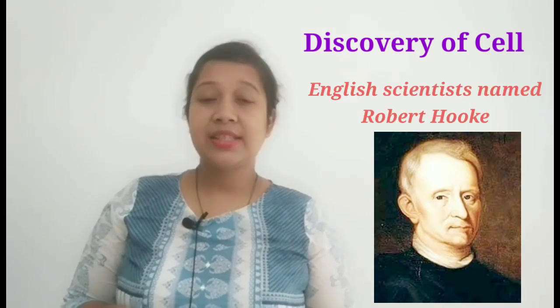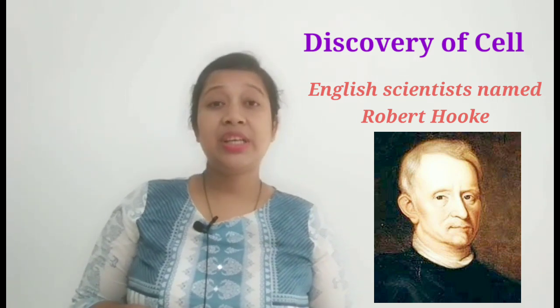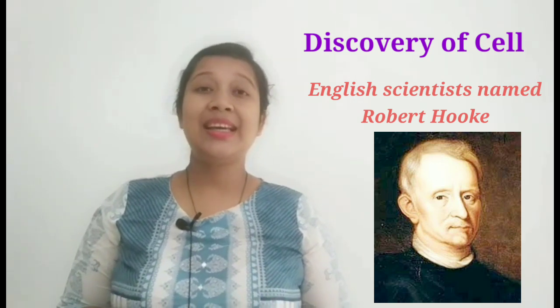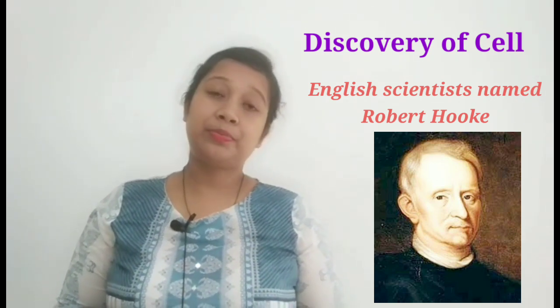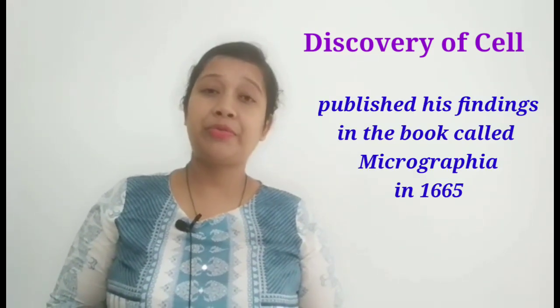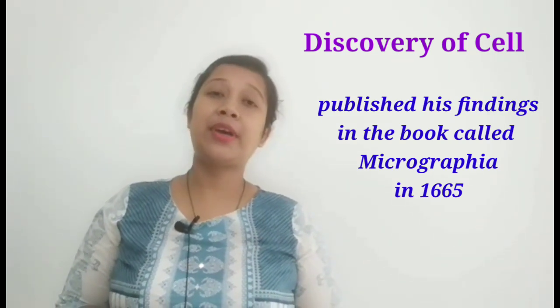Now, this cell was discovered by an English scientist whose name was Robert Hooke, when he was trying to experiment with his newly invented microscope. And he noted down all his experience while dealing with the microscope in his book called Micrographia, which was published in London in the year 1665.